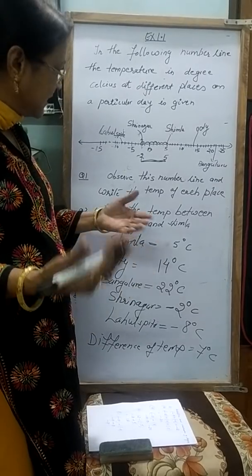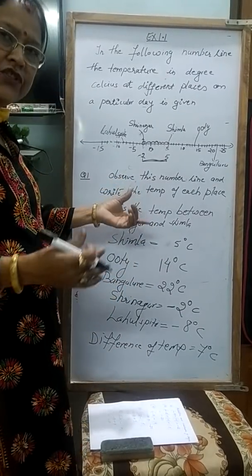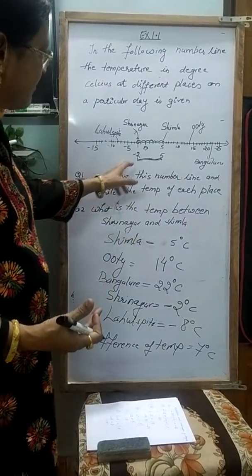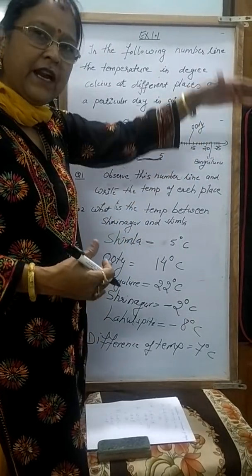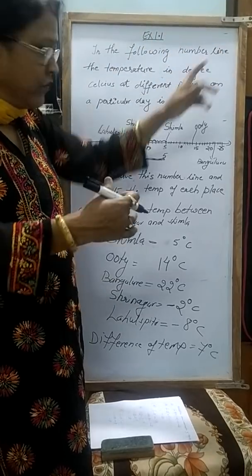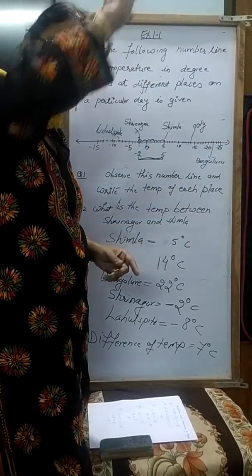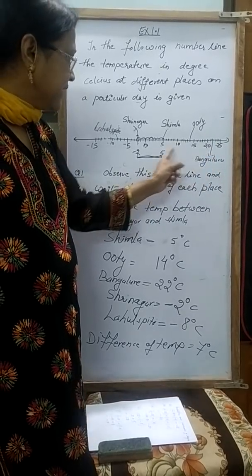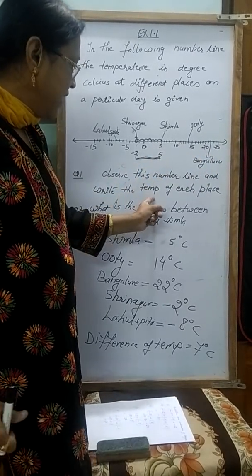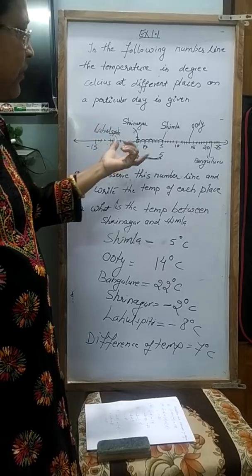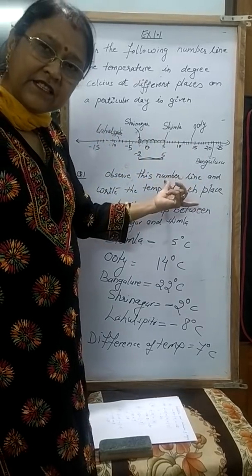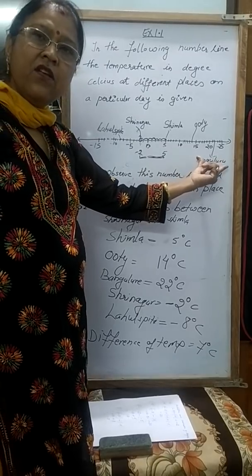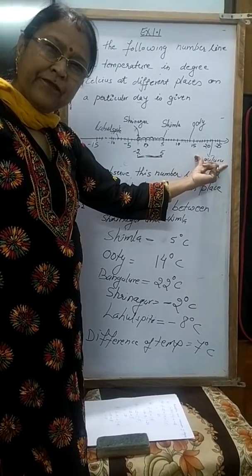So in this way we can cover this one. And suppose I ask which is the hottest city. Hottest city means you have to go to the right hand side. As you go to the right hand side, the temperature goes on increasing. So in this question, if it is asked what is the hottest city, Bangalore is the hottest city.